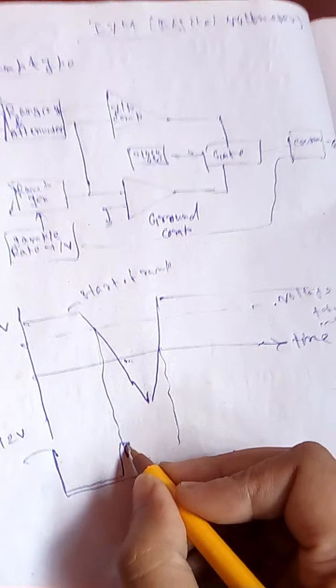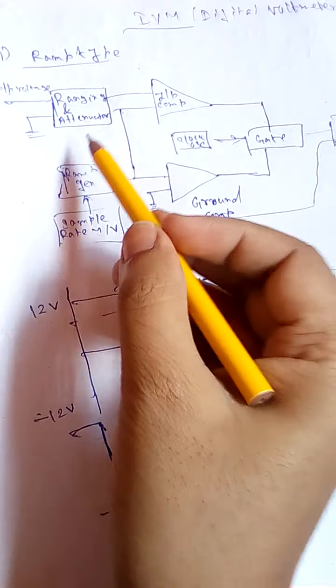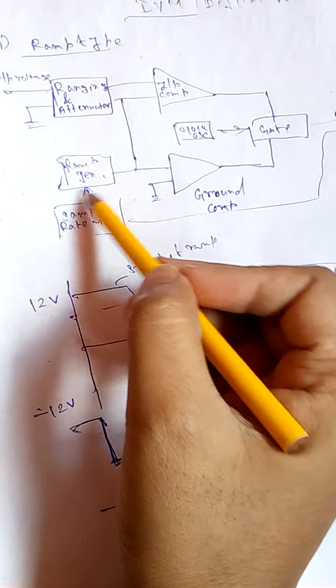The time change is the count of the time interval, and we get the clock pulses in this way. At the start of the measurement, the ramp voltage is initiated using the ramp generator, and the counter is reset to 0, meaning the value of the counter is first 0.